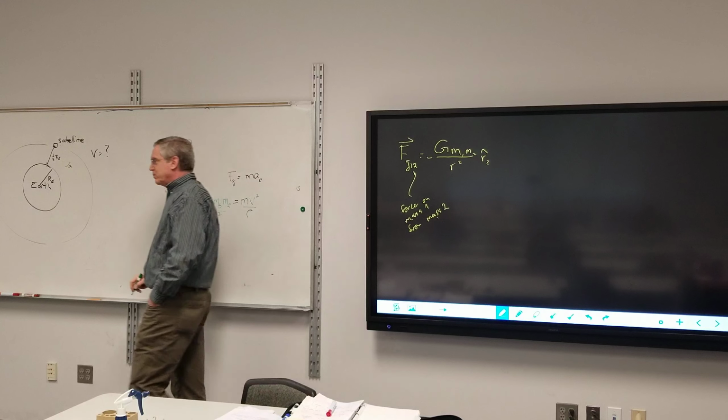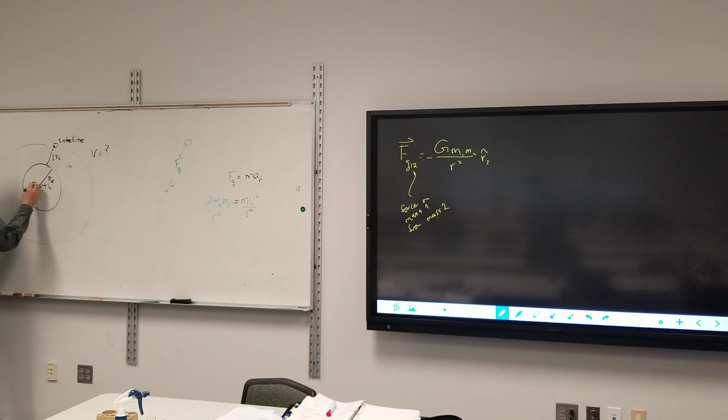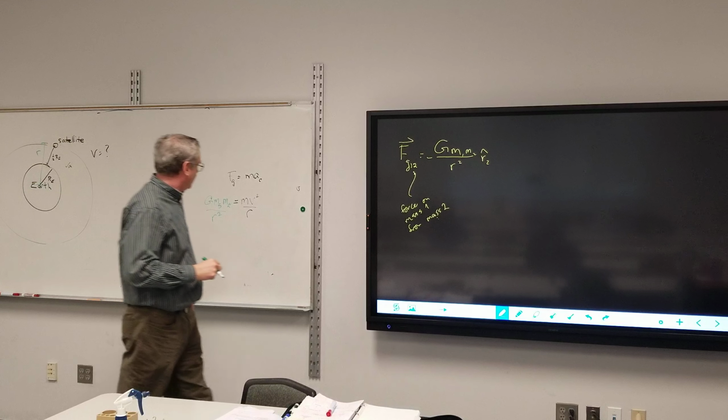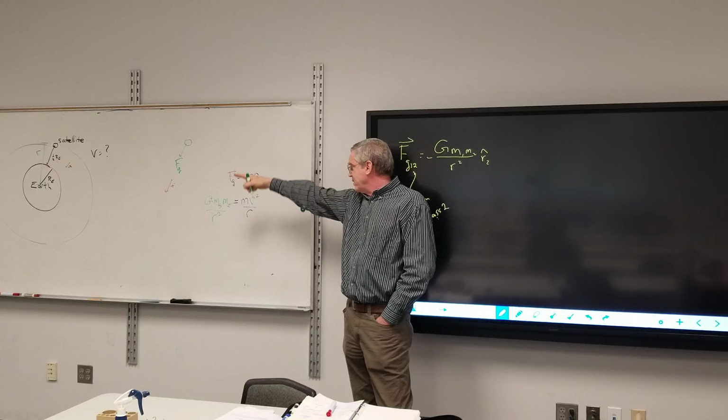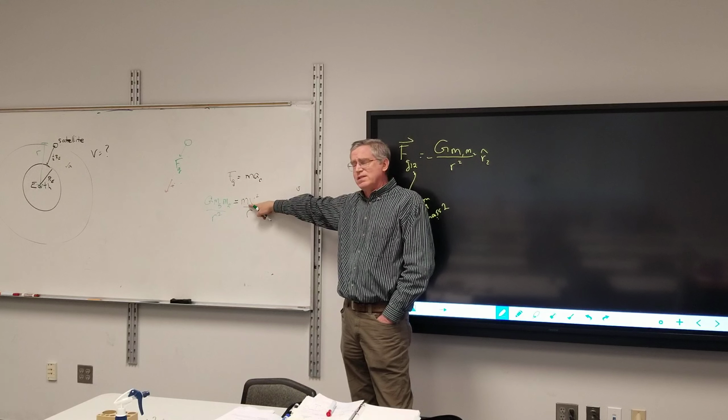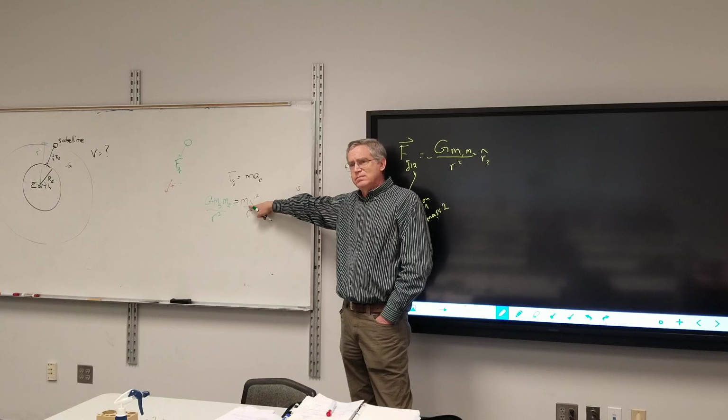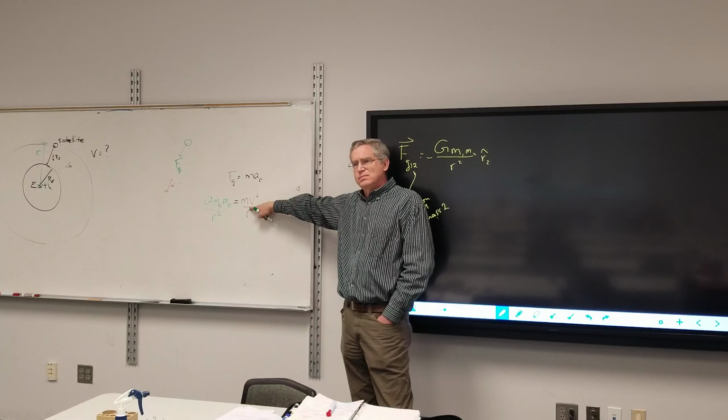R is the distance from center to center. That's R. Now, this mass right here, since I do have two masses involved, which mass is this? The satellite.